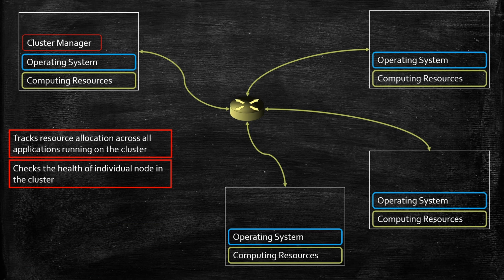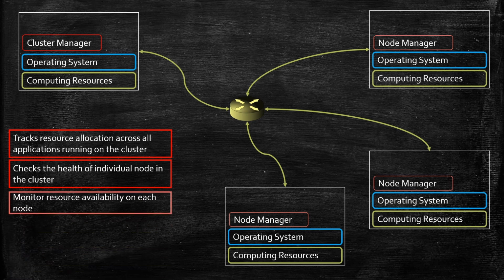The cluster manager is able to manage all the computers in the cluster because on each node in the cluster there is another process running called the node manager, and the node manager has the following task. They will monitor the resources available on each node and report that back to the cluster manager.